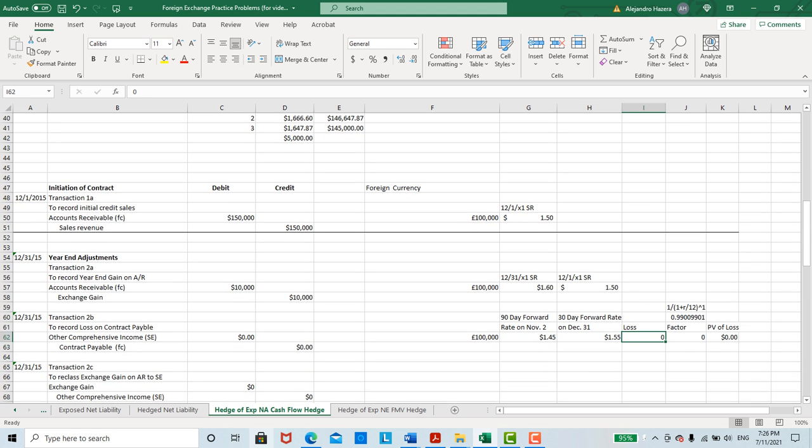So in a sense, you have a loss on this contract, and you know it's a loss for two reasons. Number one, I'll get to that in a second, but let's compute this. It's 100,000 times the difference between 1.45 and 1.55.